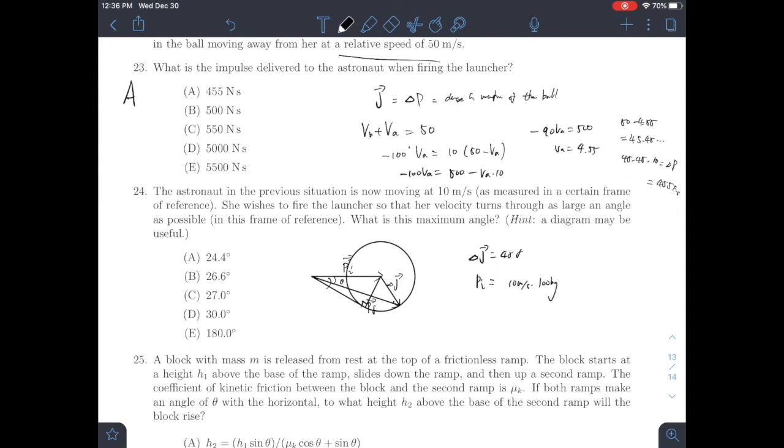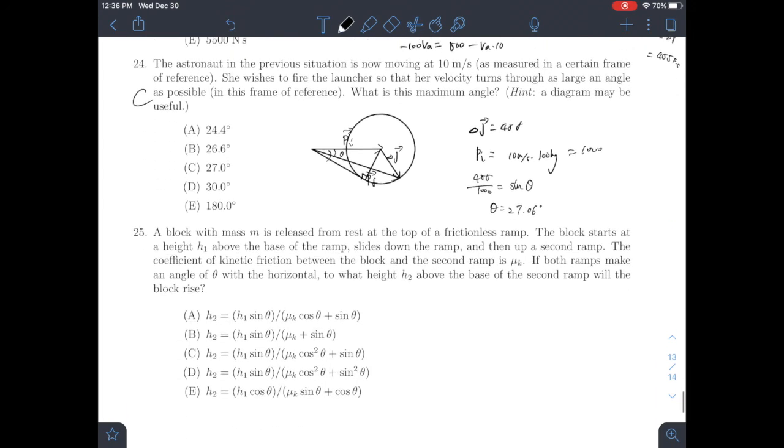Then we can use the Pythagorean theorem, or actually just some trigonometry. We have 455 over 1000 is equal to sine of theta. So theta is equal to what? Let's plug it into the calculator. This will equal 27.06, so it's about 27. So C.